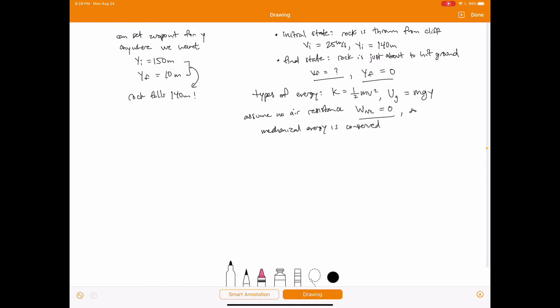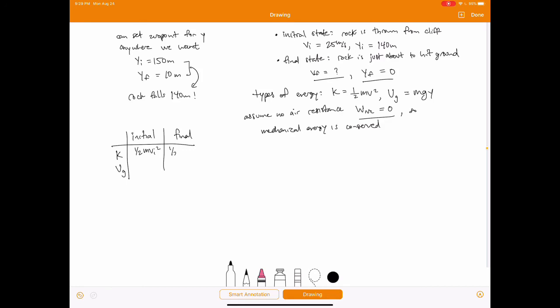So if we did have air resistance, then we wouldn't be able to use this idea, but we can in this case. And so let's make a table of all the types of energy that we labeled here. So we have kinetic, we have gravitational potential, and we want to see what these are equal to in the initial state and in the final state to fill out the table. So initially, for kinetic, we have 1/2 m v initial squared.